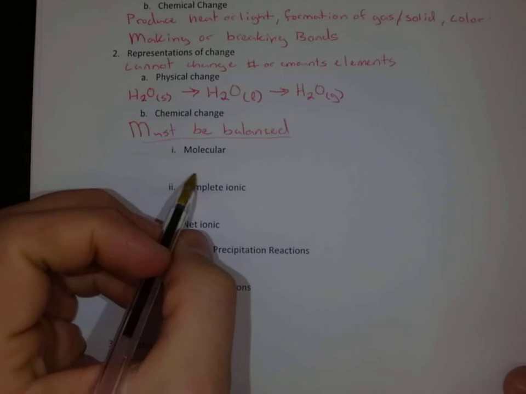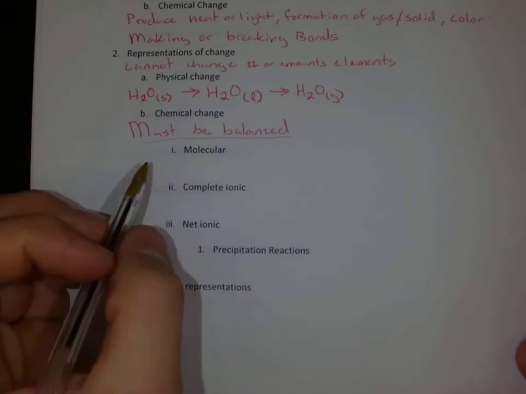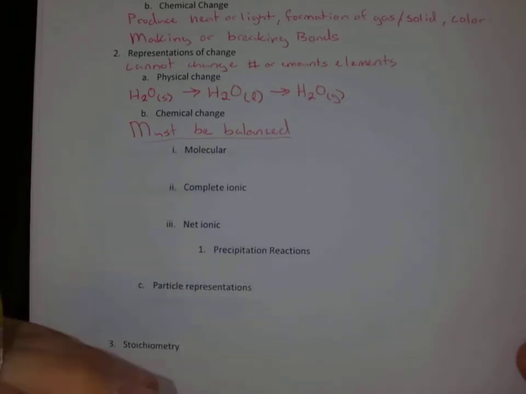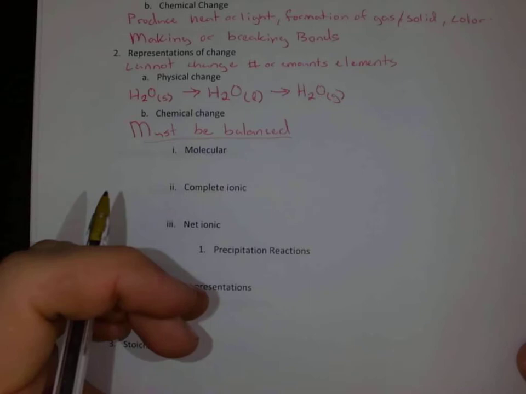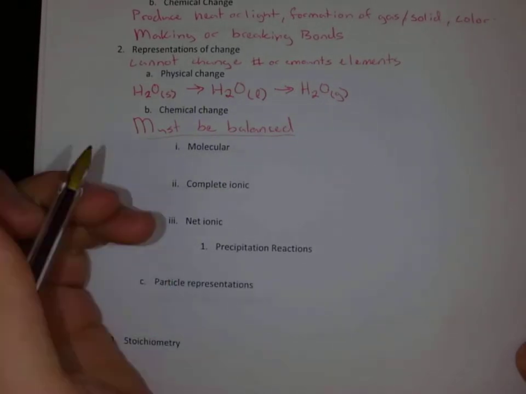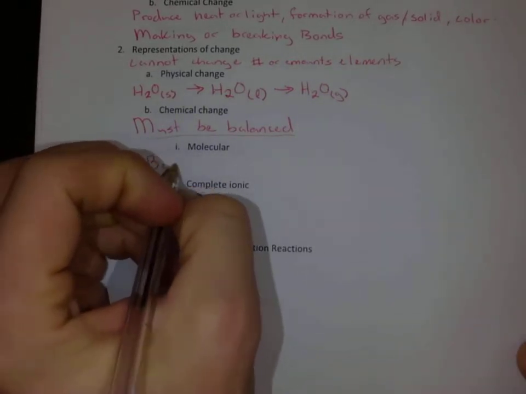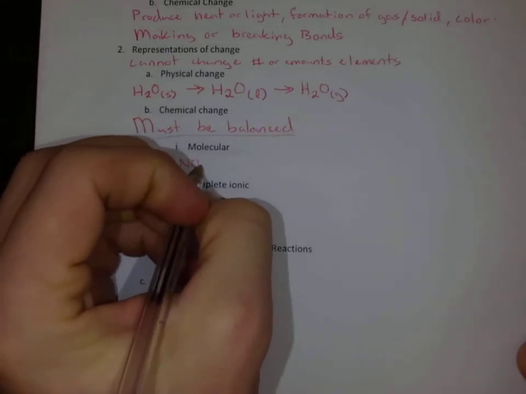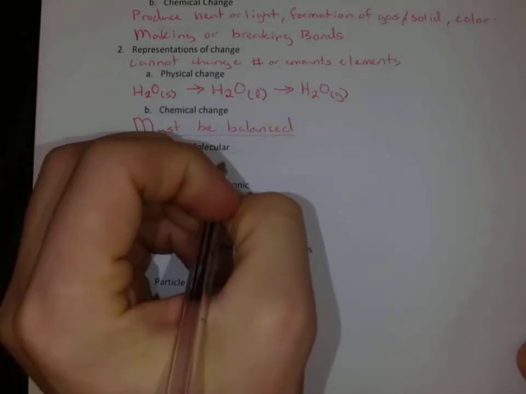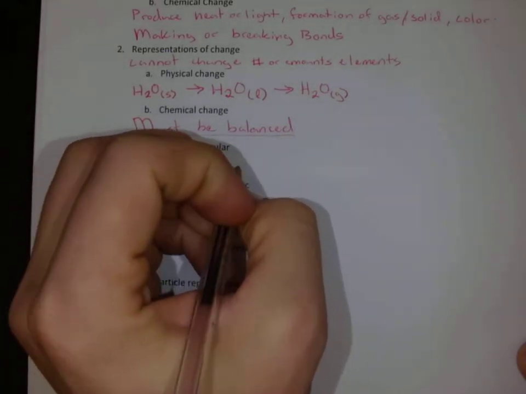Okay, first type is just the molecular reaction. Okay, so for all three of our different types of chemical reactions, I'm going to write the same equation. Okay, so my equation is going to use barium nitrate and sodium carbonate.